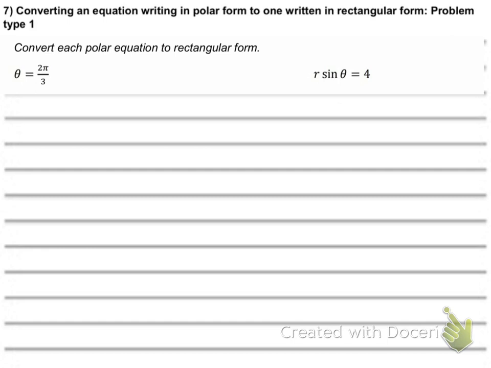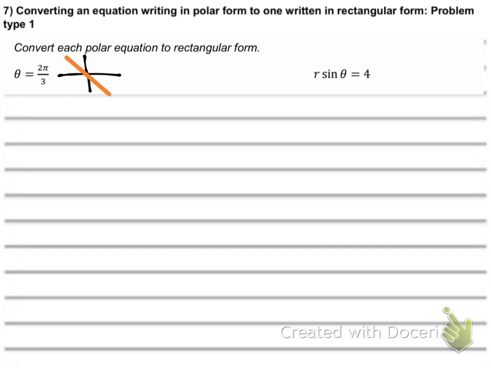So first it says theta is 2 pi over 3. So let's just think about that for a second. If you think about that on our Cartesian plane or on your polar graph, it would look like that, right? 2 pi over 3 is there in the second quadrant, and everywhere on that line, theta is 2 pi over 3, right?